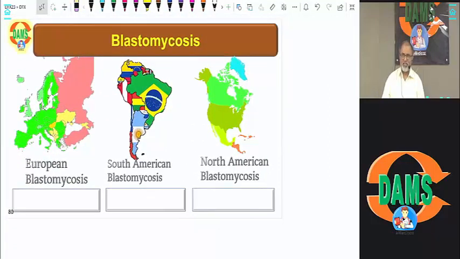European blastomycosis, otherwise called Cryptococcus. South American blastomycosis, you are aware of that: Paracoccidioides brasiliensis, Brazil, South America.